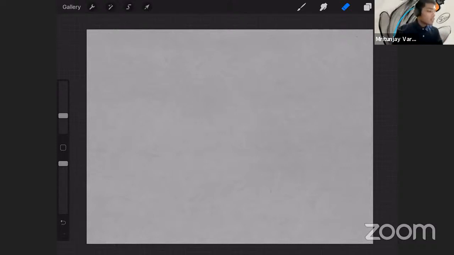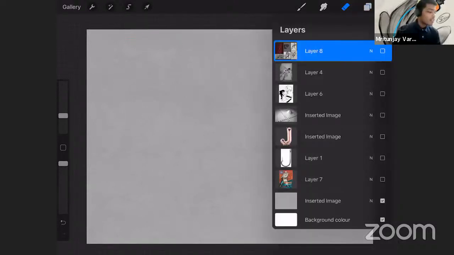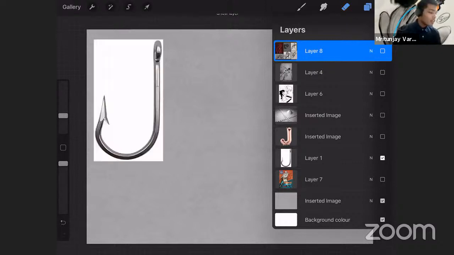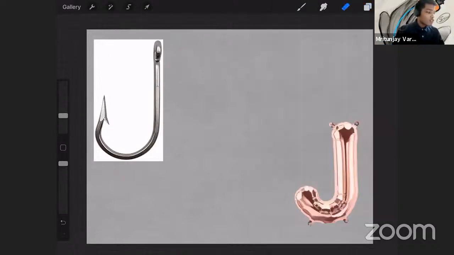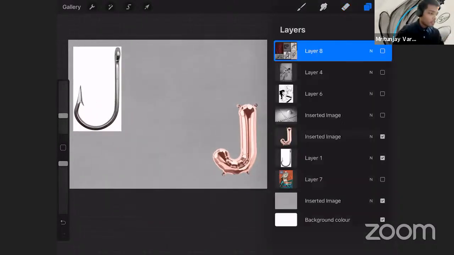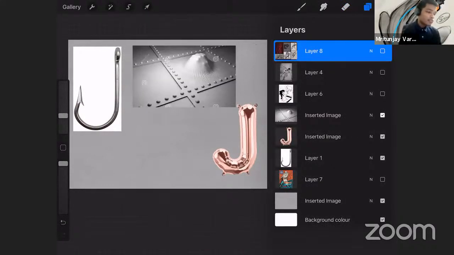Okay. So I have three pictures for you, and you can tell me in the chat if you think there's any relationship between them. The first picture is a fishing hook. The second is a J, so I'm gonna shorten this up here. The third picture is punching.